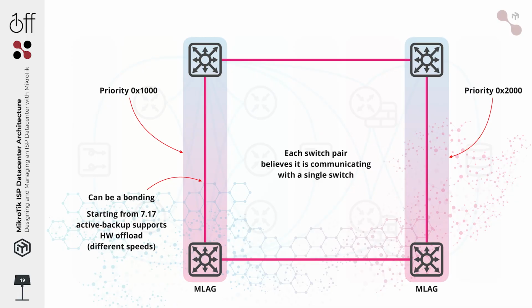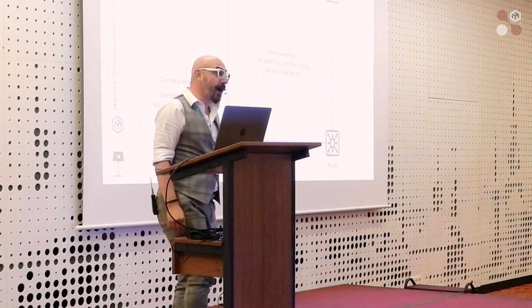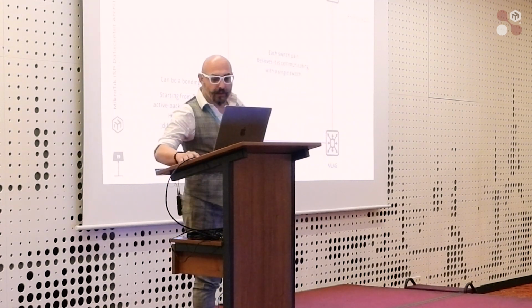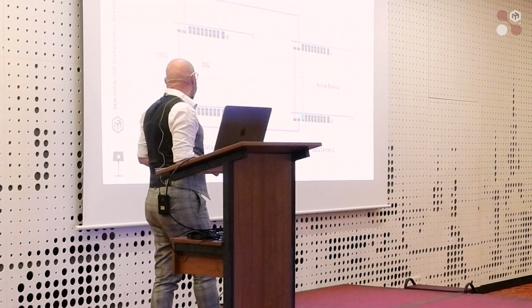We can also use a bonding interface to connect the two switches, and starting from RouterOS version 7.17, also the active-backup supports hardware offloading. What does it mean? That we can do something like this.